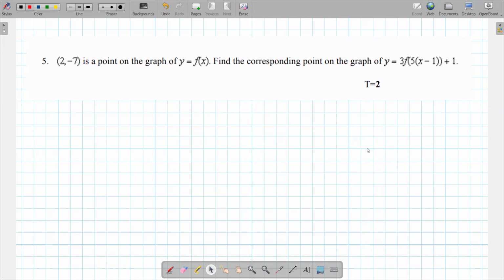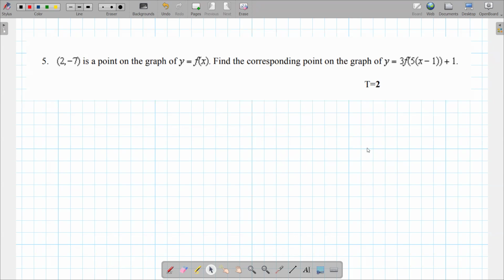What's the parent function? It's just a linear function. Okay, why is it linear? Because you saw the x.